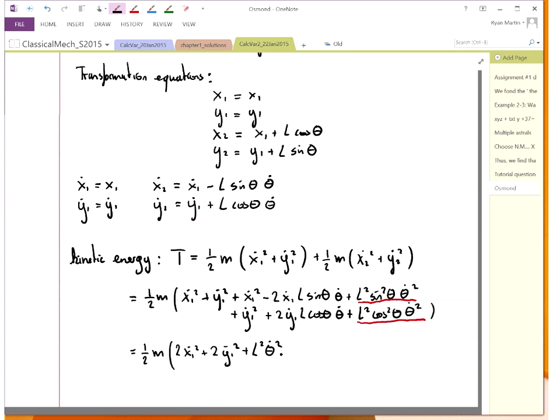Now, unfortunately, the cross terms, the ones that mix x dots and theta dots, there's nothing pretty you can do with them. So let's just factor out 2L theta dot. So we have plus 2L theta dot, and then we have y1 dot cos theta minus x1 dot sine theta.